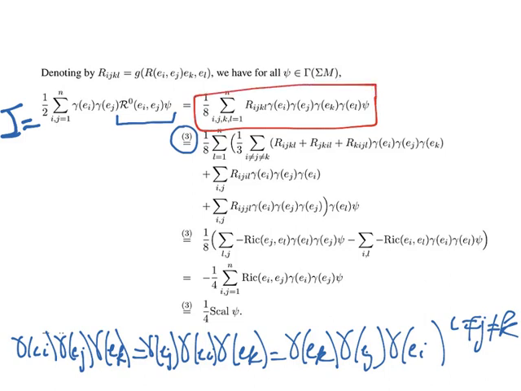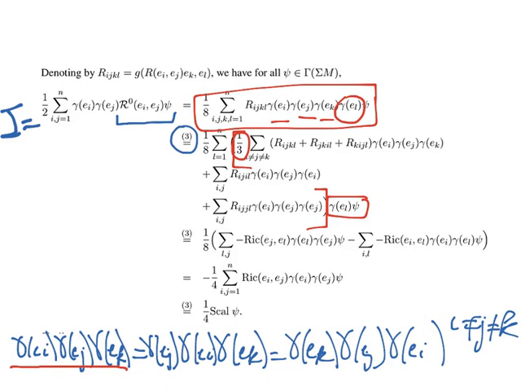The first step is to isolate gamma e_l, the Clifford multiplication of e_l. So what I still have inside my sum is the following, with no more gamma e_l. I'm going to play with gamma e_i, gamma e_j, and gamma e_k. First of all, this is where the 1/3 comes from, because as I said, you can commute each two of gamma e_i, gamma e_j, gamma e_k without any problem if i is different from j, different from k. That's why you have 1/3 of R_ijkl plus R_jkil plus R_kijl, gamma e_i, gamma e_j, gamma e_k.